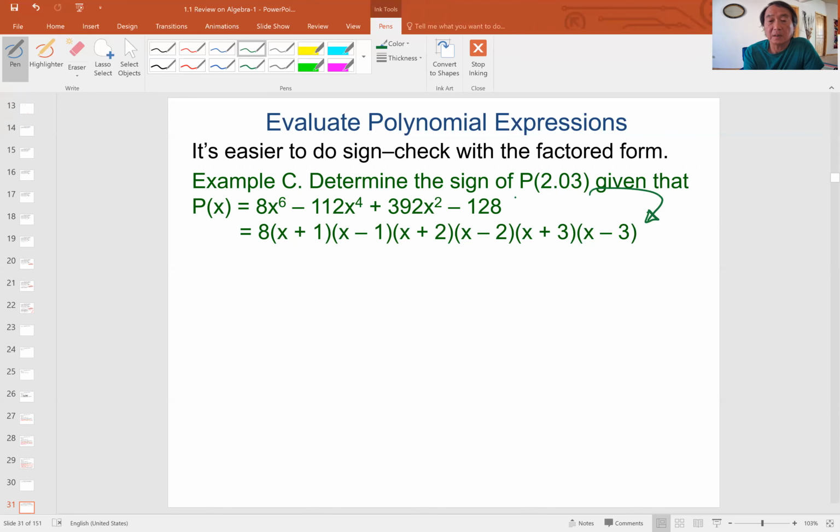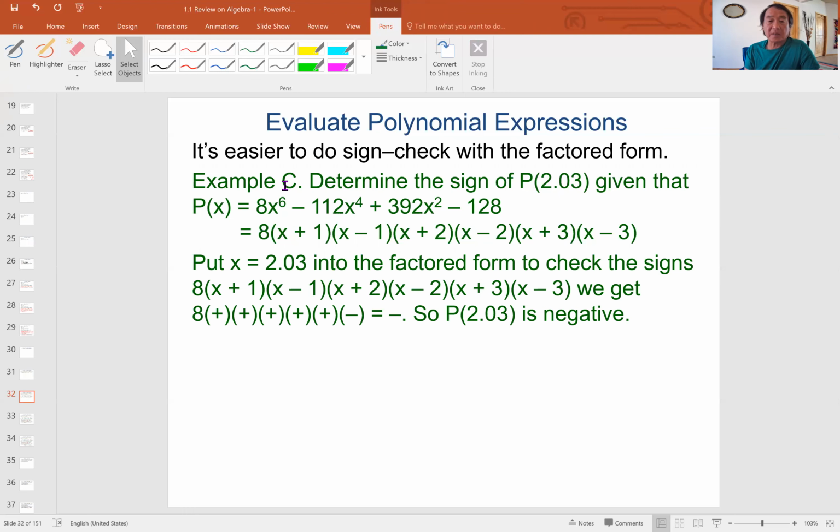In this form, it's a horrendous calculation. But in the factor form, it's easier because now I can determine the sign. It's going to be a plus sign for the first parentheses, a plus sign for the second parentheses, and so on, and then I count the number of negative signs. Therefore the result is negative. So that's what the sign product rule is.